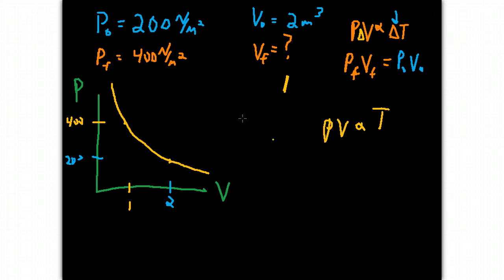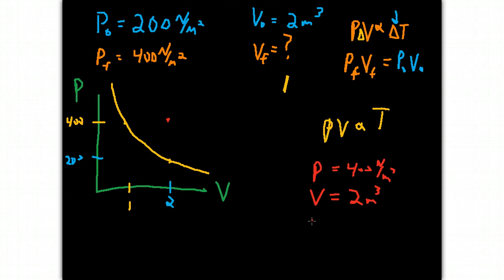For instance, if I do P equals 400 newtons per meter squared, and V is equal to 2 meters cubed, then I'm still going to have this here. It's going to be at 400, but it's going to be over here at 2.